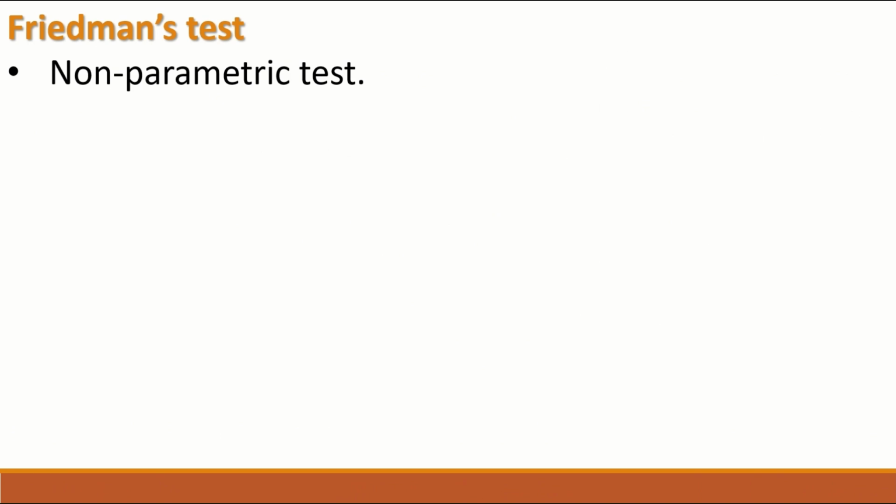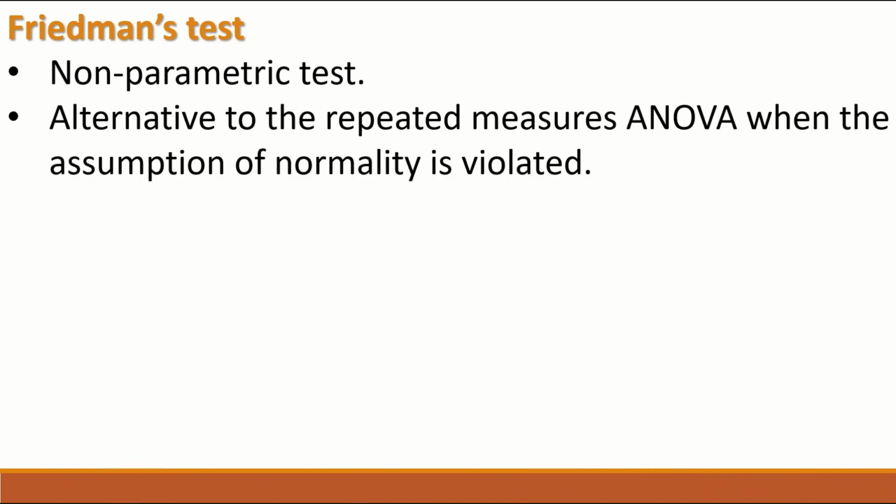So the Friedman test is a non-parametric test that is used for data that are not normally distributed. This is an alternative to the repeated measures ANOVA, which is used when there are matched or paired groups or dependent groups, and when the data are normally distributed.